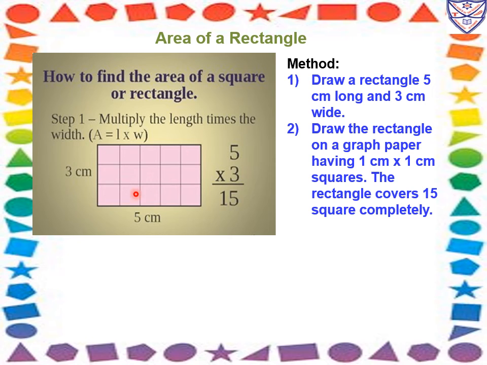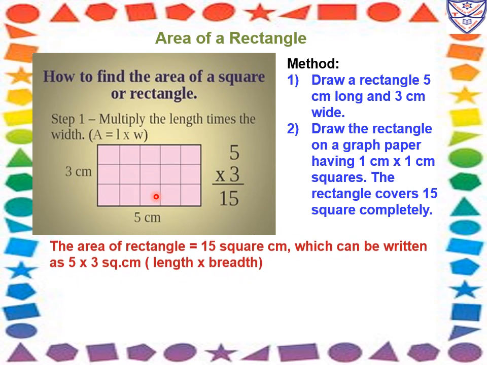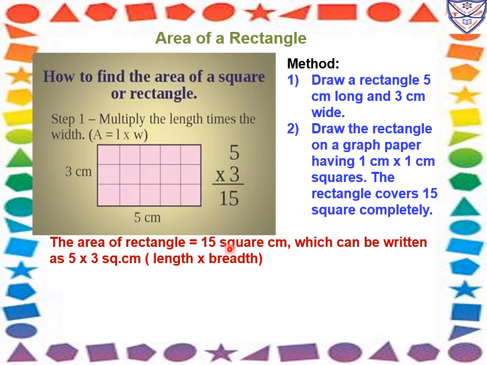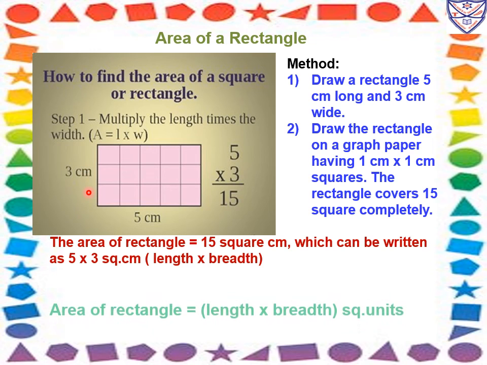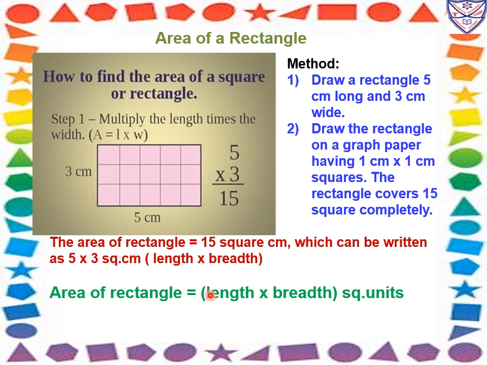So how many squares are there? 15. So the area of the rectangle equals 15 square centimeter, which can be written as 5 multiplied by 3. 5 multiplied by 3 square centimeter means length multiplied by breadth. So 5 is length and 3 is breadth. So area of rectangle equals length multiplied by breadth, in square units.